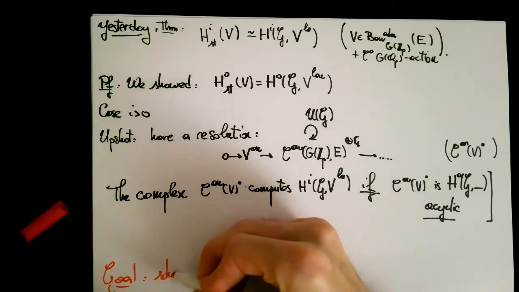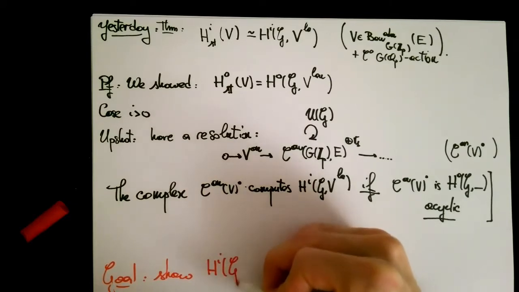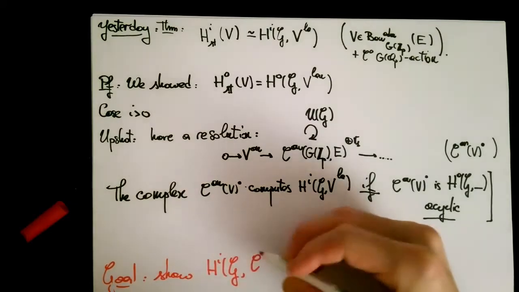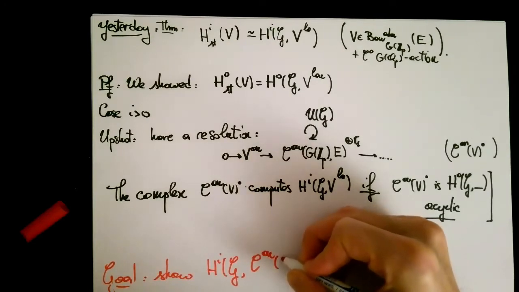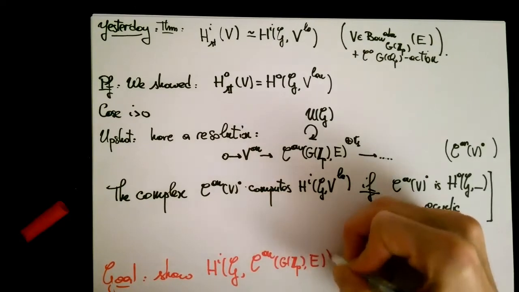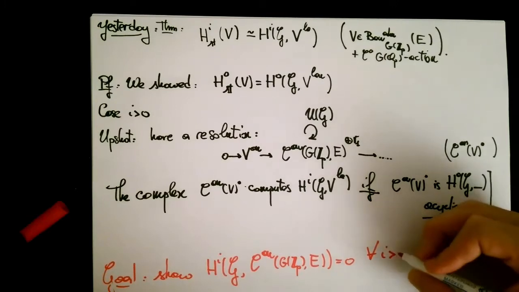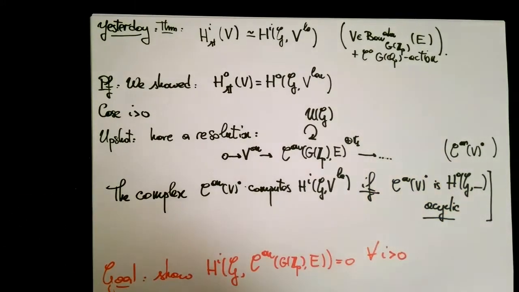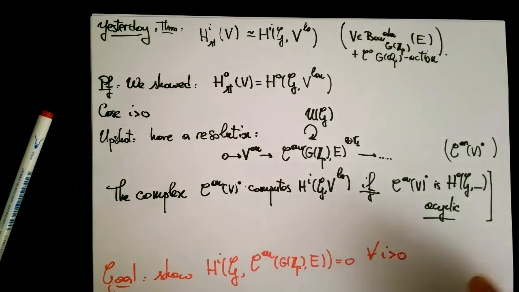So show that H^i of G, with coefficients in C analytic GL_2(Z_p), E, is equal to 0 for all i strictly bigger than 0. Okay, so this is what we're going to do in the next few minutes.